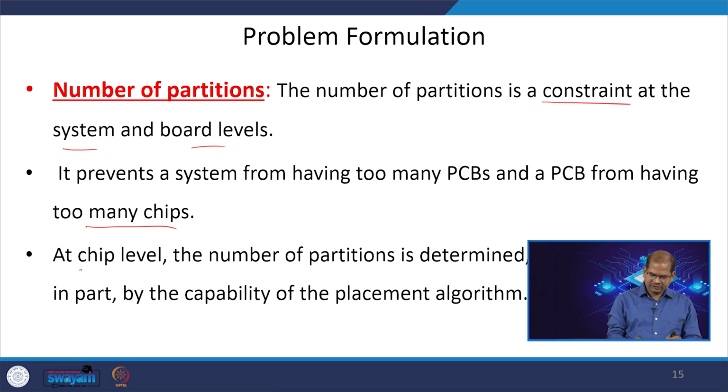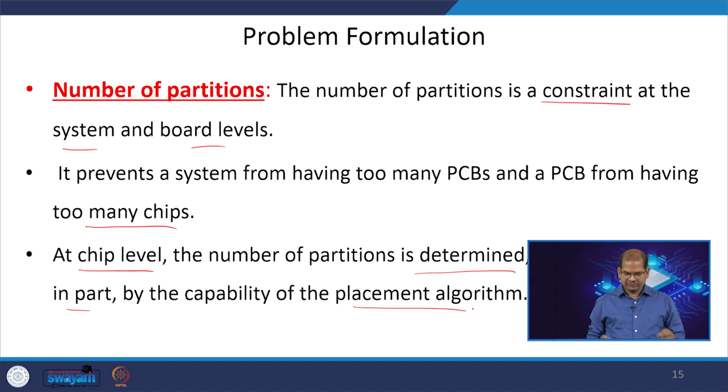In case of chip level, the number of partitions is determined by the placement algorithm which is used, because the problem with the chip level is that the chip area is fixed, and the hard IPs area is also fixed.